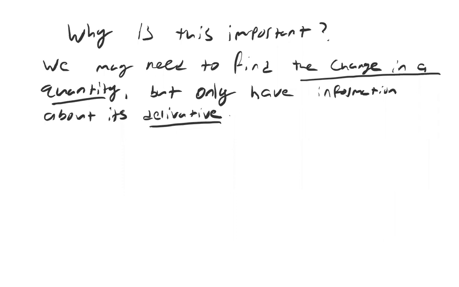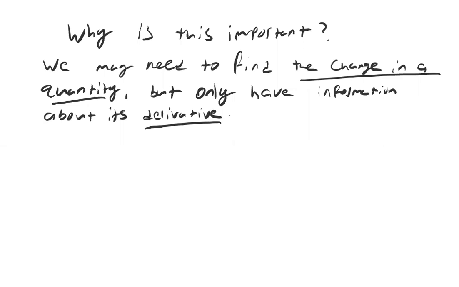We're going to see that the position and velocity are related by a derivative. And this will allow us to find its change in displacement only using its velocity, so only by knowing its derivative. We'll see an example of this. That's the example I picked for this.